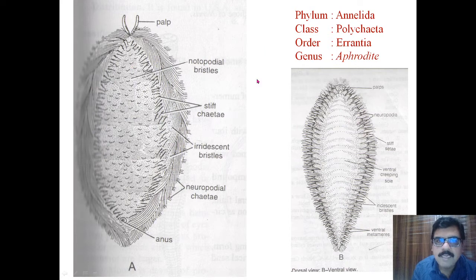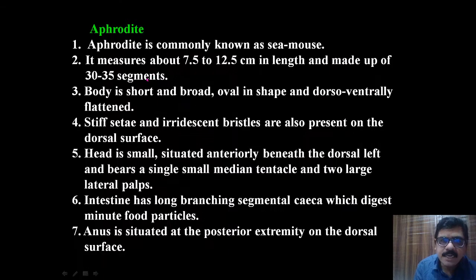Aphrodite, commonly called sea mouse, is classified as phylum Annelida, class Polychaeta, order Errantia, and the genus is Aphrodite.